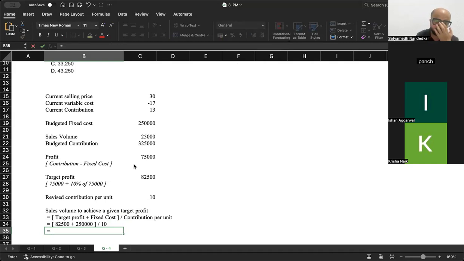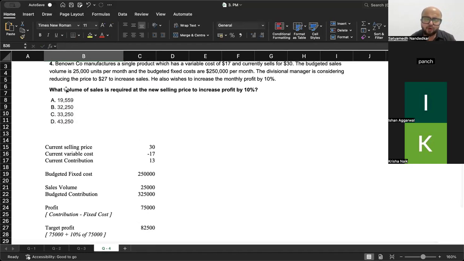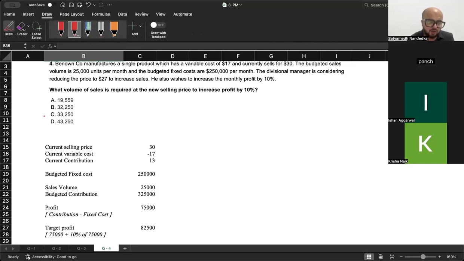How much is this? 33,250. Yes. So, what volume of sales is required at the new selling price to increase the profit by 10%? Answer is option C, 33,250.